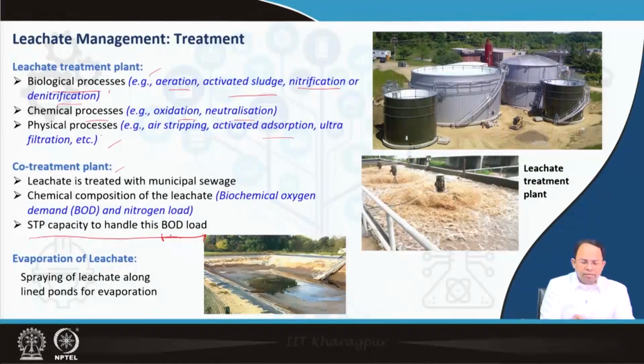So whenever leachate is brought for treatment, it has organic matter and all. So obviously the BOD will increase, right? And similarly, the nitrogen load would also be increased, right? So this extra BOD and nitrogen load has to be taken care of by this sewage treatment plant. So the capacity has to be already existing.